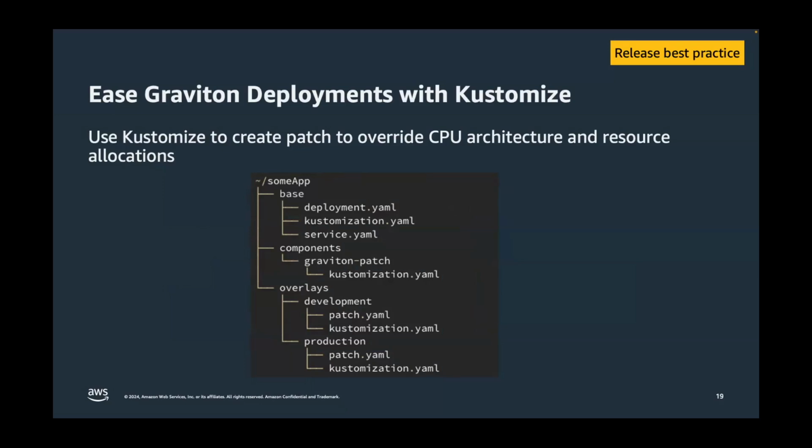So you can inject things like node selectors and create new configuration, or you can even adjust the resource allocation, like the number of pods, once you have performance improvement on Graviton servers. Okay.